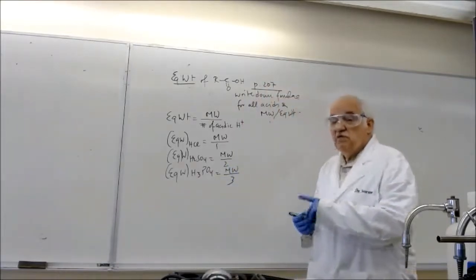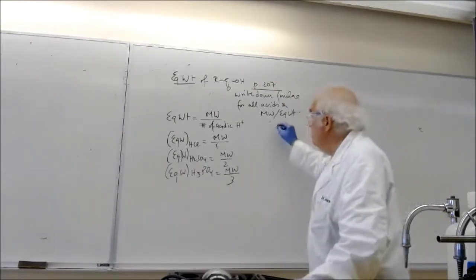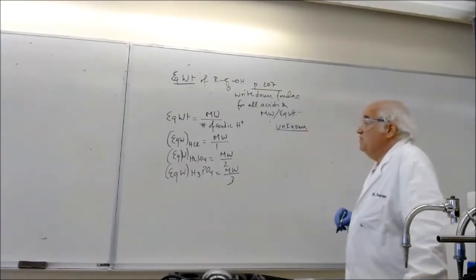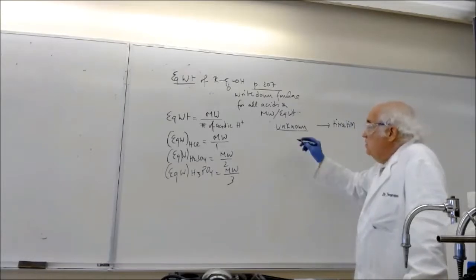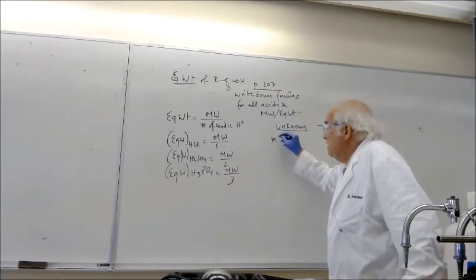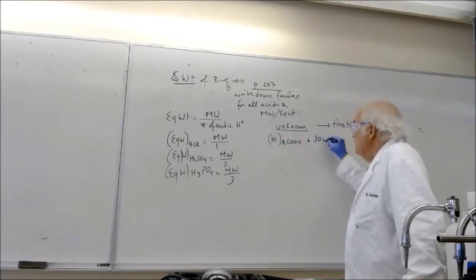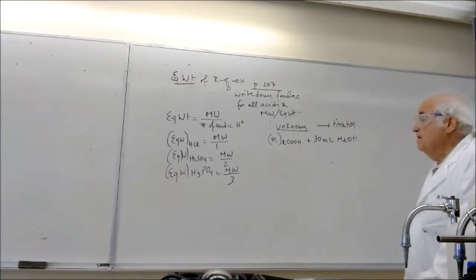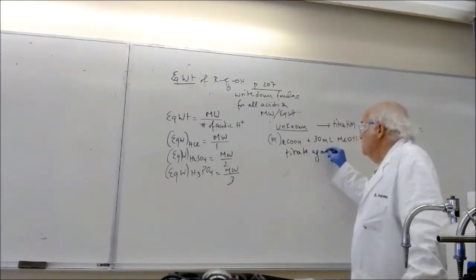So what you're going to be doing is the same experiment 3 times. You will take one unknown and perform a titration. You take the mass of the acid, plus 30 milliliters of methanol to dissolve it, because most of the acids are solid, and then titrate against NaOH.